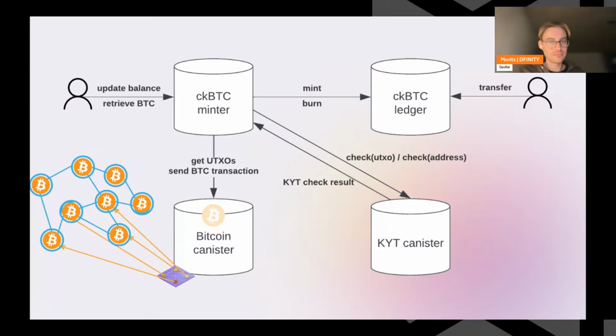And as I said, it's a lot easier to integrate with if you just want to tap into Bitcoin liquidity, because if you integrate it, it's actually just a simple ledger, right? Like any other ICRC1 ledger on the Internet Computer. ICRC1 is the equivalent of ERC20. So you just talk to a ledger basically when you integrate with it.